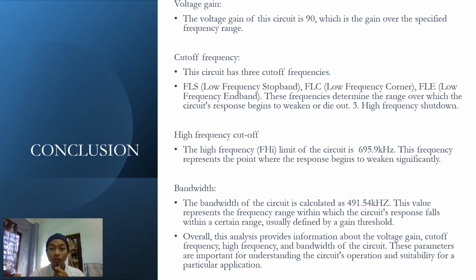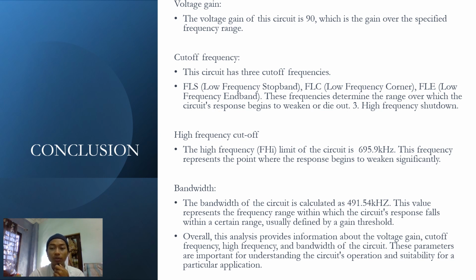For a conclusion, the voltage gain in this circuit was 90. This shows the gain over the specified frequency range. And in this circuit there are three cut-off frequencies, which are the low frequency stop band (FLS), low frequency corner (FLC), and low frequency end band (FLE).